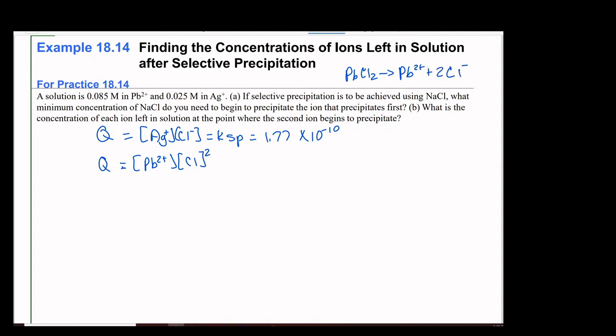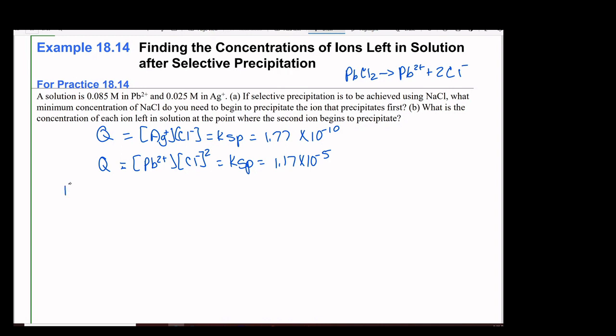So the equation for that dissociation is the concentration of lead times the concentration of chloride squared. And we're going to set that equal to the KSP, and the KSP for lead chloride is going to be equal to 1.17 times 10 to the minus 5th. Let's go ahead and solve for the chloride concentration when Q is equal to KSP. That's the amount of sodium chloride it's going to take to precipitate those species.